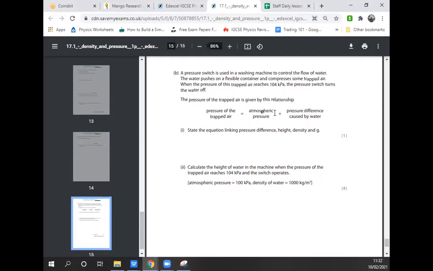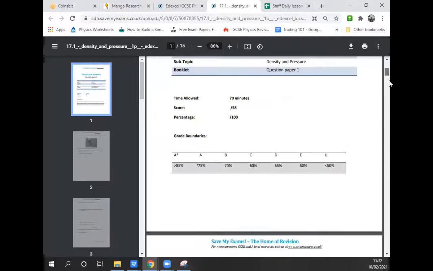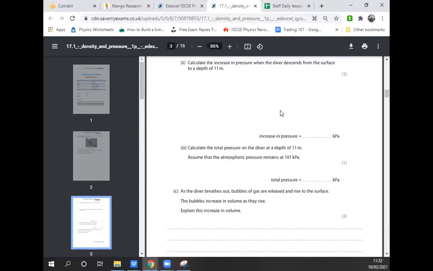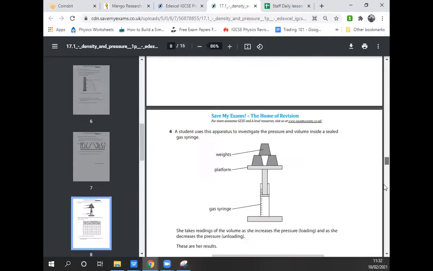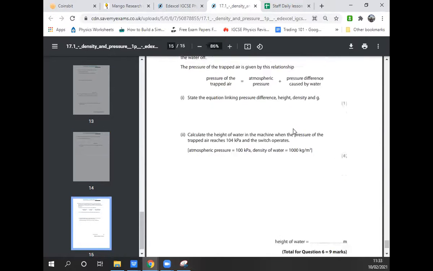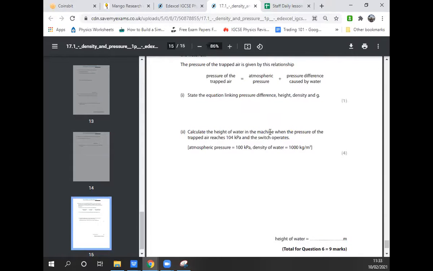Pressure of trapped air equals atmospheric pressure plus pressure difference caused by water. Can you see this same relationship that was there in this situation? There's a pressure due to the water and the total pressure. Total pressure means pressure due to water and the atmospheric pressure. So similar thing, right? You have to use this thing.